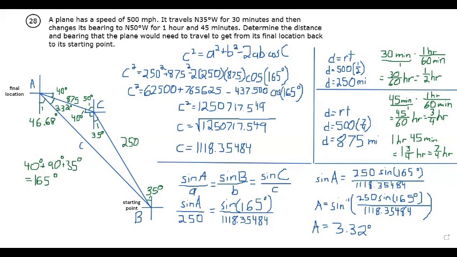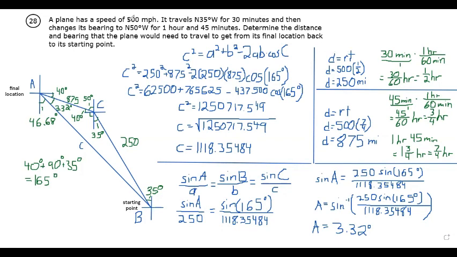Now, to determine this distance, we would have to consider the fact that we're given the speed and we're given the amount of time that the plane has traveled for each bearing. We can actually use this information and a particular formula to determine what the distance is. Now, this formula is distance is equal to rate times time, and rate is just another word for speed.